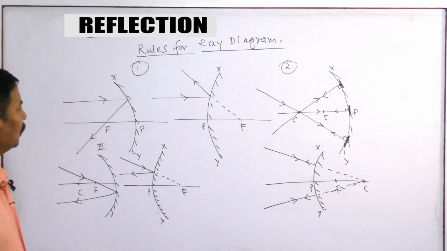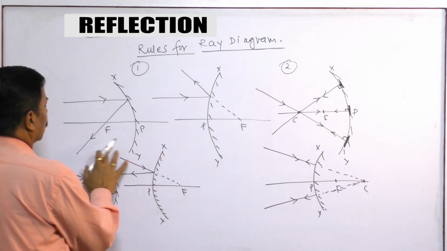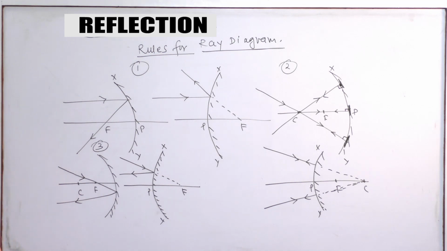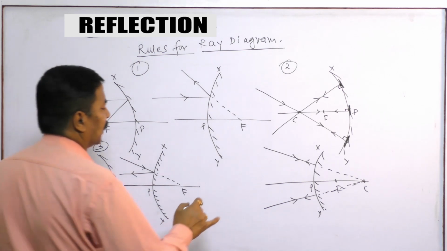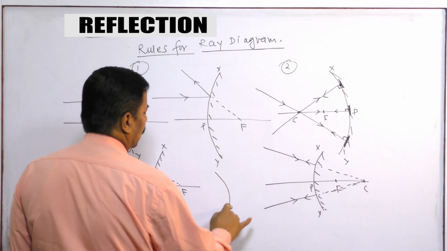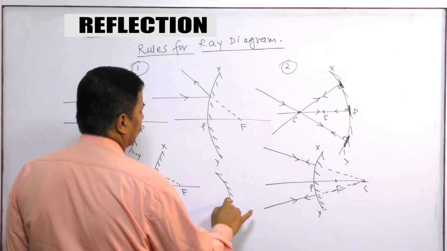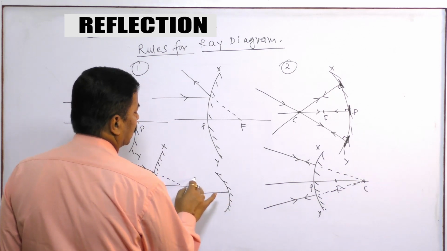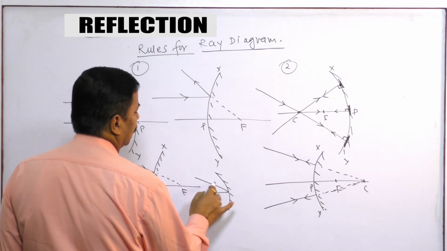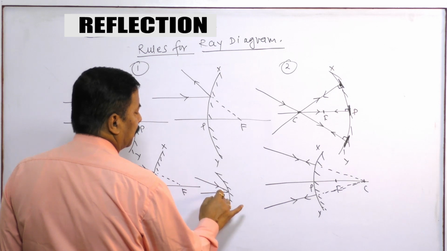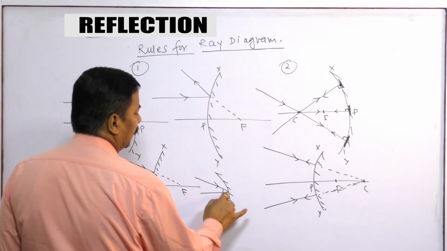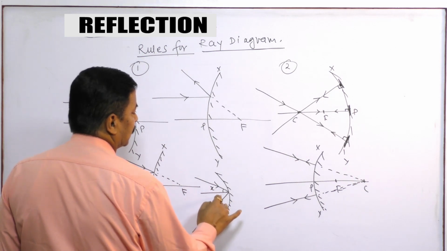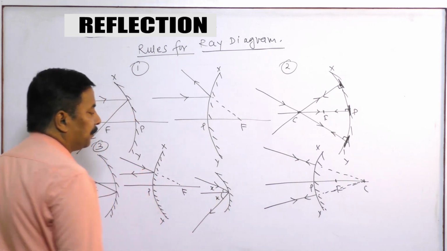So first rule, second rule, third rule, and fourth also you should know: in case of a concave mirror, if a ray is passing through the pole, then it reflects symmetrically. That means if this angle is x, this angle is also x.